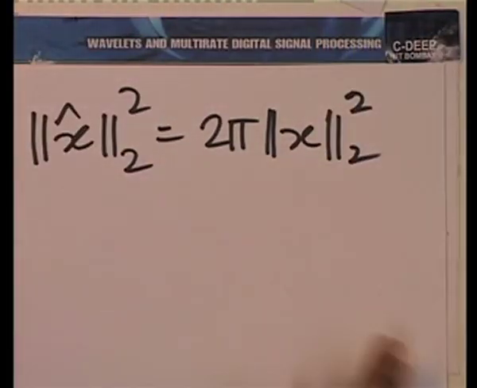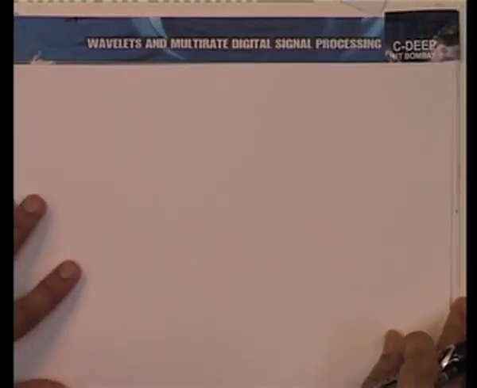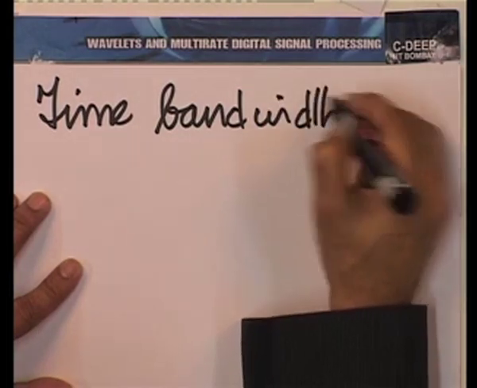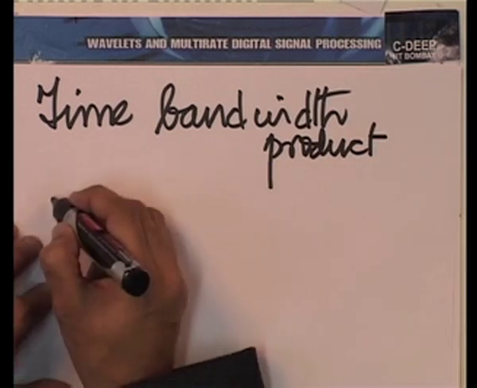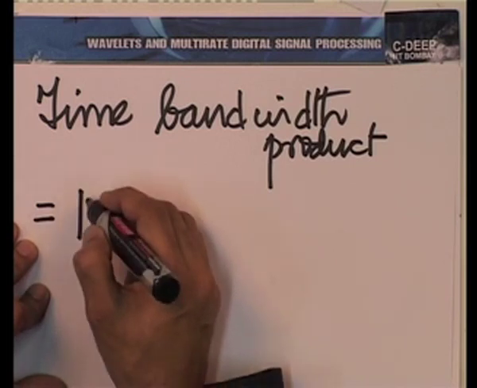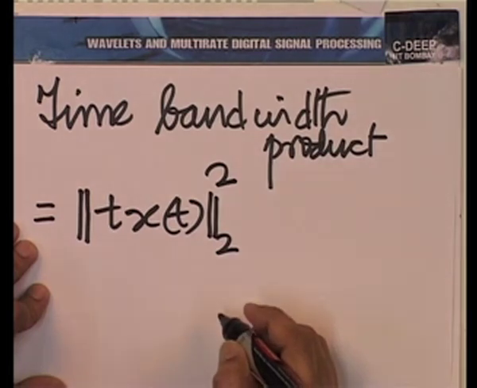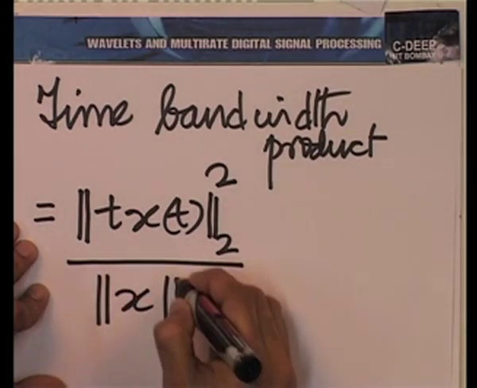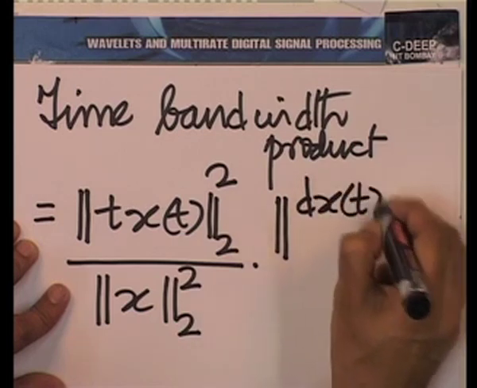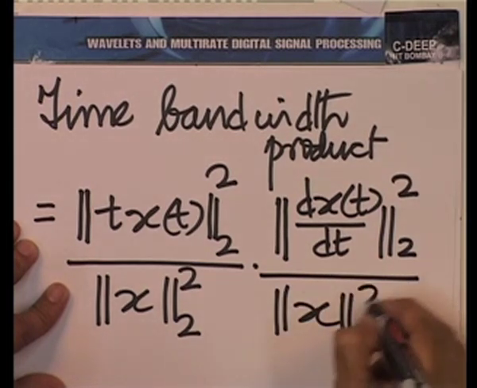So, we could write down all in all, thus the time bandwidth product can be written as essentially the energy, the L2 norm of T x t whole square divided by the L2 norm of x, multiplied by the L2 norm of dxt dt whole square divided by the L2 norm of x the whole squared.